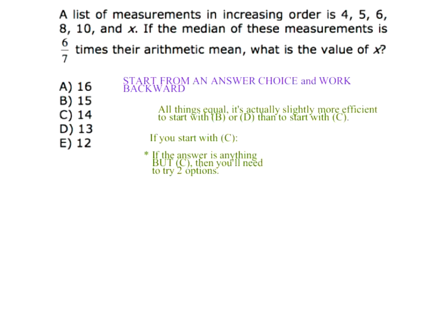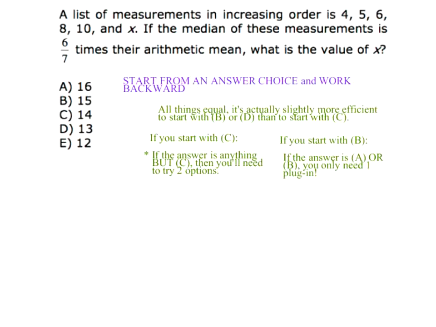Now what's interesting about starting with B, and again, people would not think starting with B would be the winner here because it's not as conceptually pretty as starting with C. But when you start with B or D, if you start with B, if the answer is A or B, you only need one plug-in.